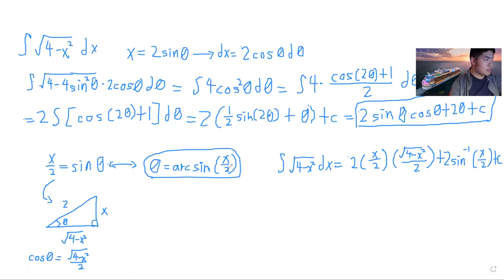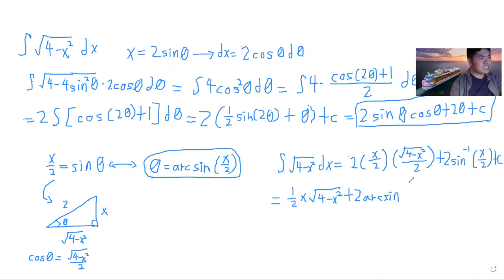Right, from here. That's equal to 1 over 2 x root 4 minus x squared plus 2. Okay, I can write arc sine. Who cares? Arc sine.